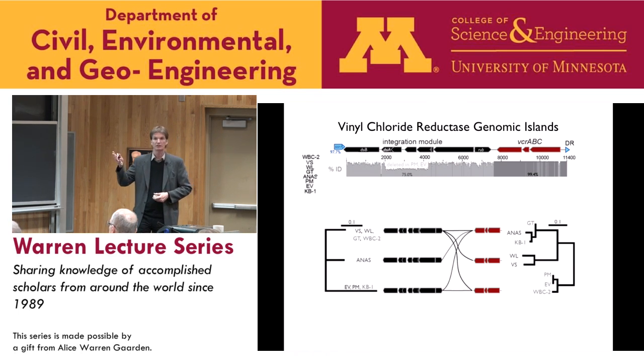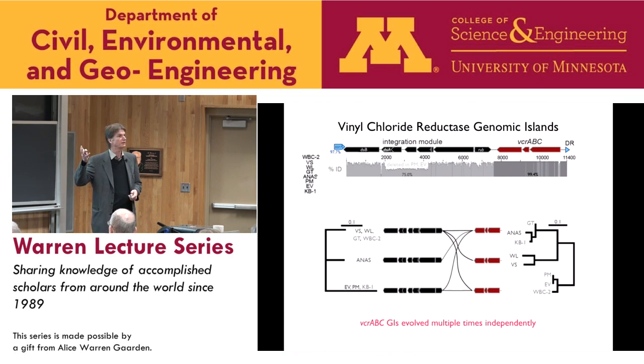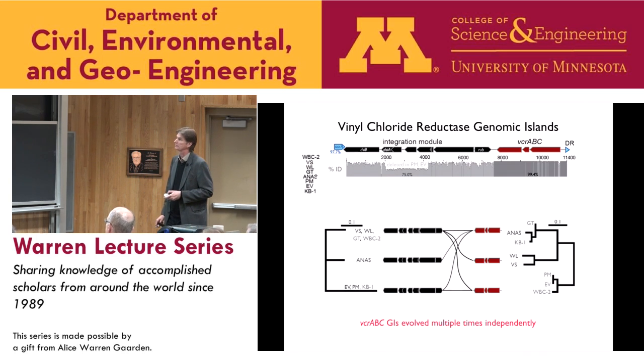So there is not a master reductive dehalogenase that does all the dehalogenation in the world. It seems to be site-specific that this module, in this case for vinyl chloride dehalogenation, evolved independently at specific sites. So that's important to keep in mind when thinking about remediation strategies.